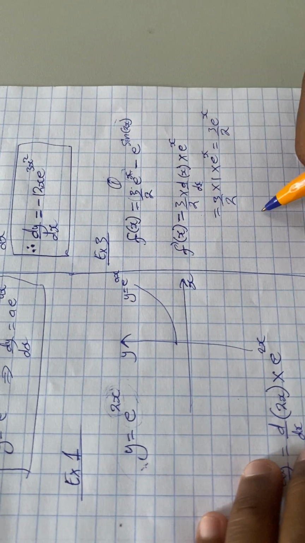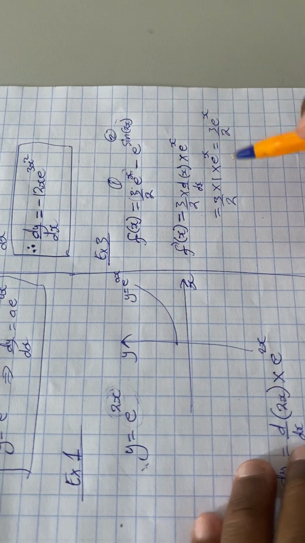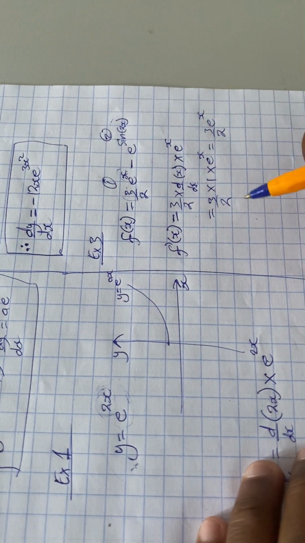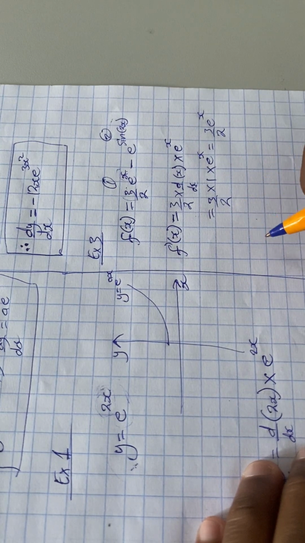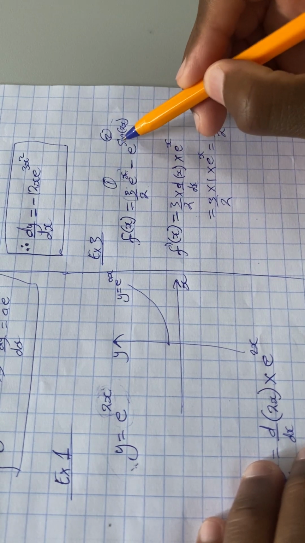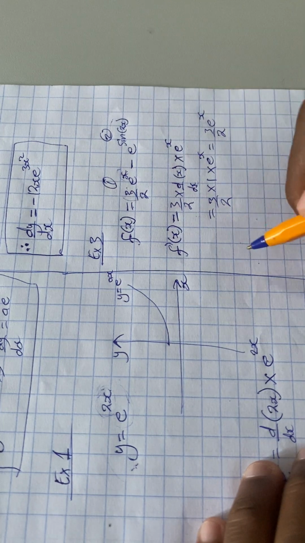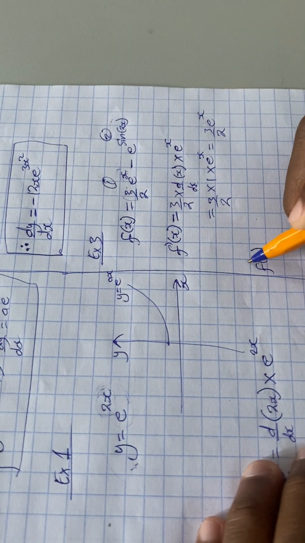That's the first term. With the second term now, we have e to the power sine 2x, right? So let me just do the entire thing.